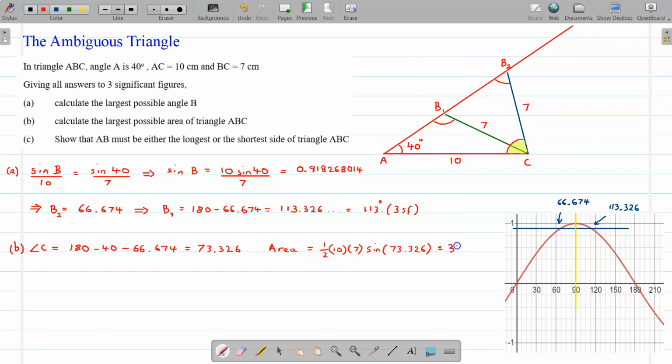So it's 33.5 centimeters squared, to 3 significant figures, which is what I was required to give. So that's the second question done.